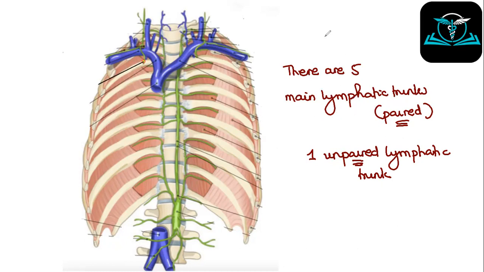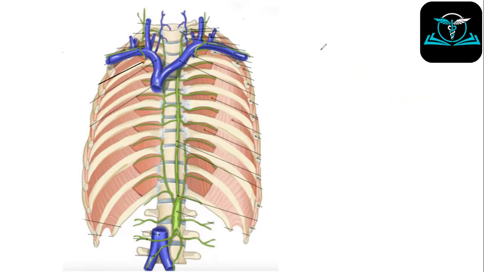And so let's look at the lymphatic trunks. Is there a mnemonic to remember them? Yes, there is a mnemonic to remember them. So the mnemonic to remember the lymphatic trunks is actually IJ bliss.